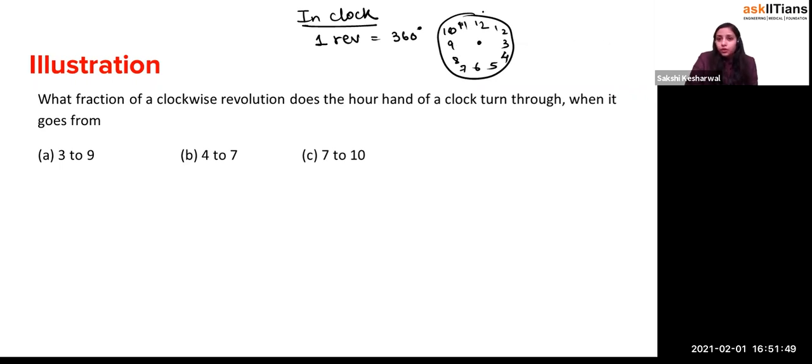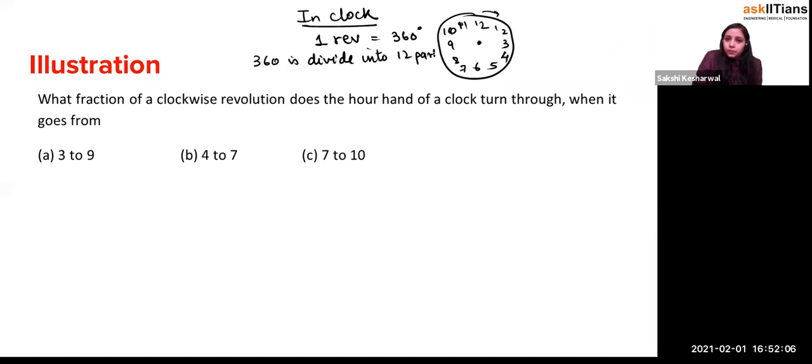So if you're going from 12 to 1, what is the angle that you will be sweeping out? In a clock, 360 is divided into 12 parts. Yes or no?